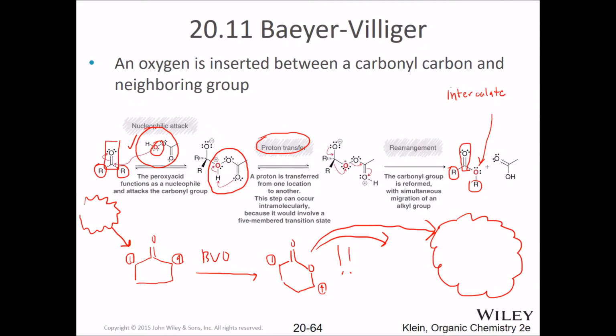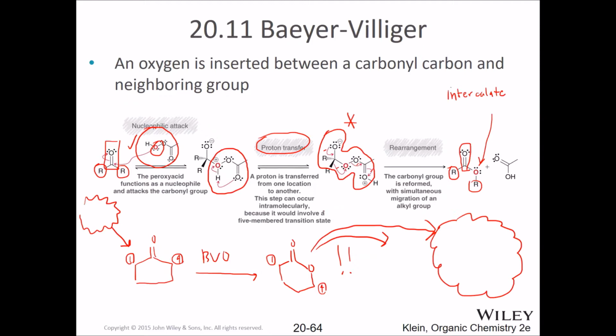Then, and this is the one that's going to be hard to remember, I think. In my view, this is the long one. Look at that. It's a concerted mechanism. 1, 2, 3, 4 things. This one I'm going to argue is the one to remember, the hard one. You get a rearrangement.